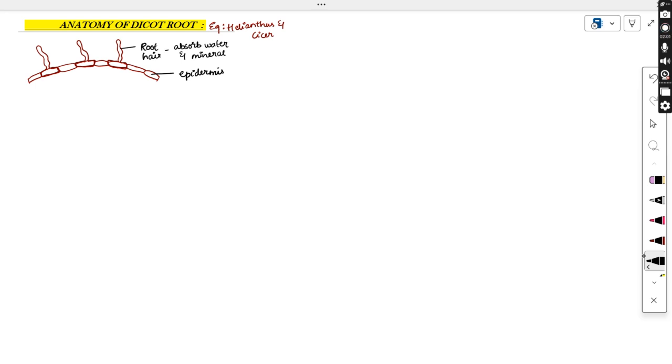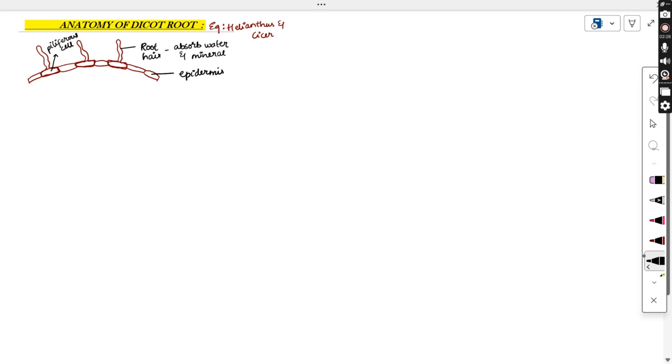Not all epidermal cells contain root hair; some may, and some may not. The cells of the epidermis which contain the root hair are called the piliferous cells. The cell of the epidermis which is helpful for the growth of the root hair we call a piliferous cell.